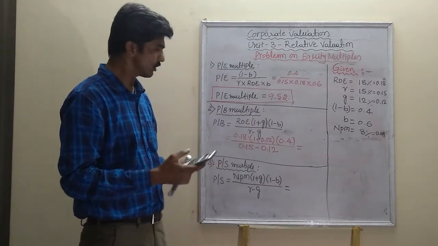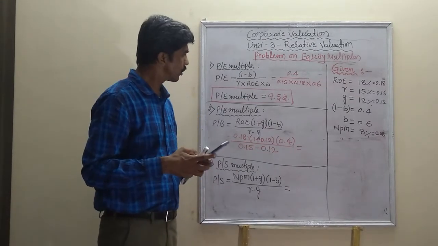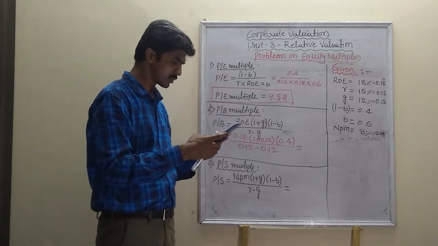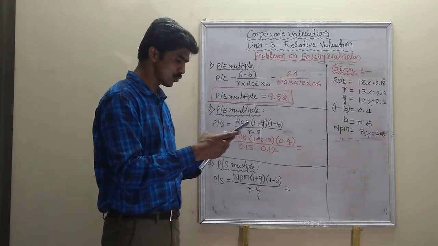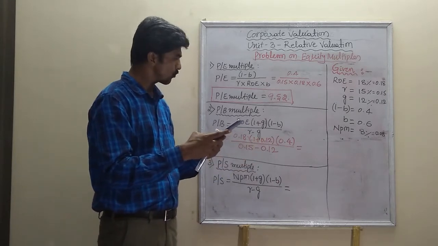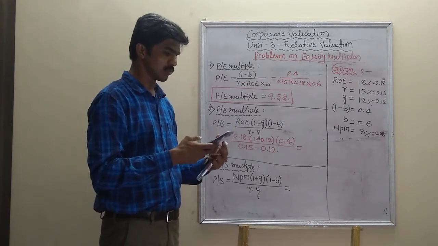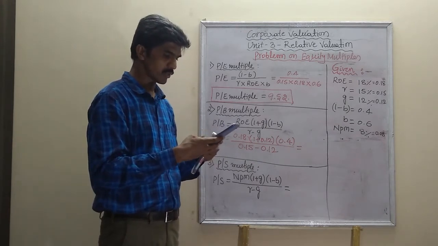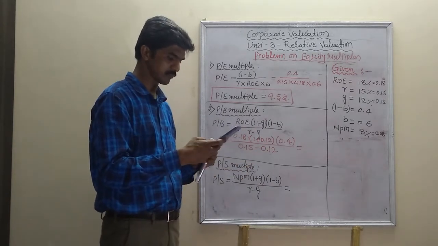Now using the calculator, we will calculate the value for it. Look into this. If you take into consideration all these values, 0.18 into 1.12, if you add up these two things, into 0.4, this is going to be 0.08, the answer, all divided by 0.03.